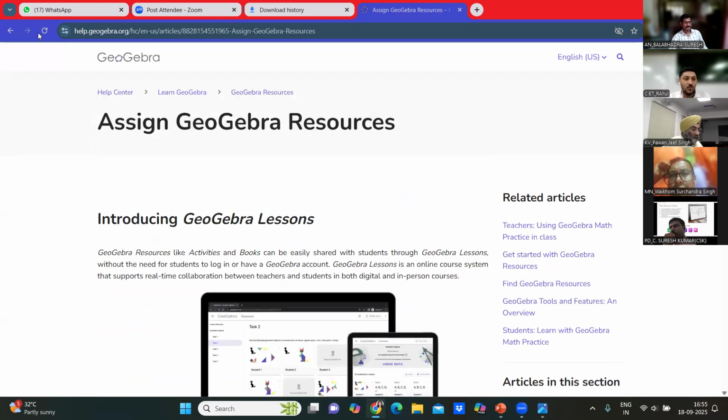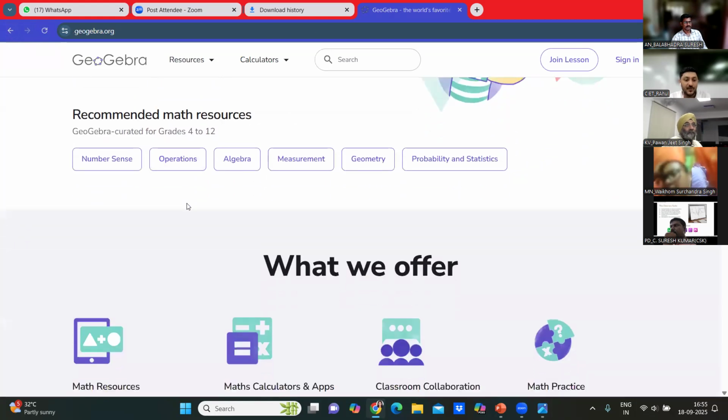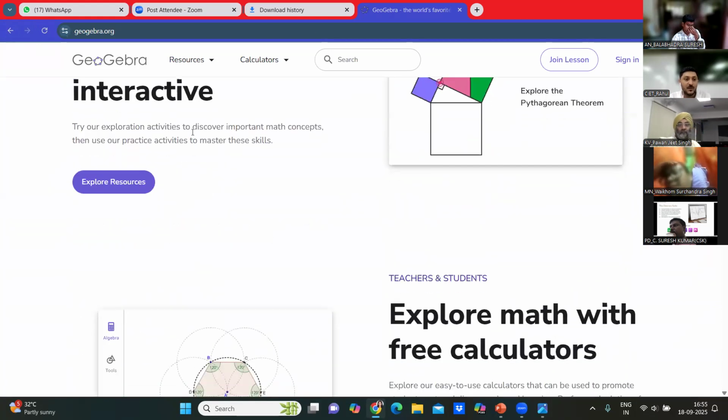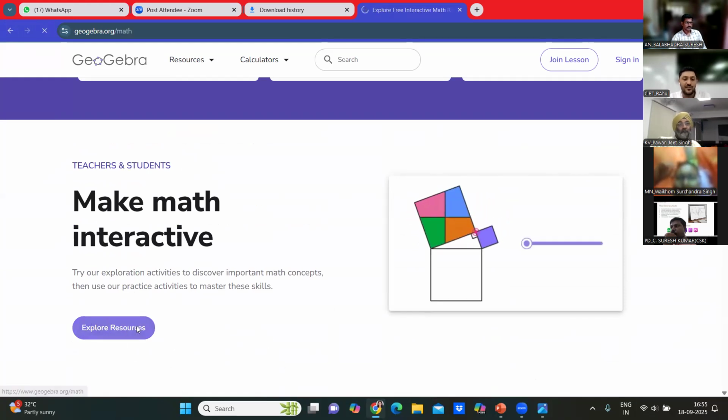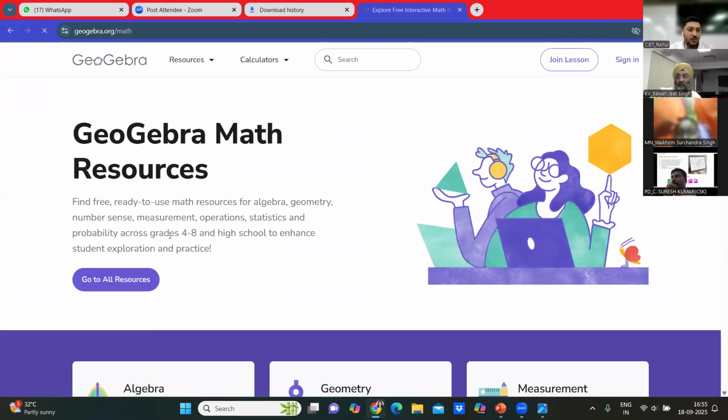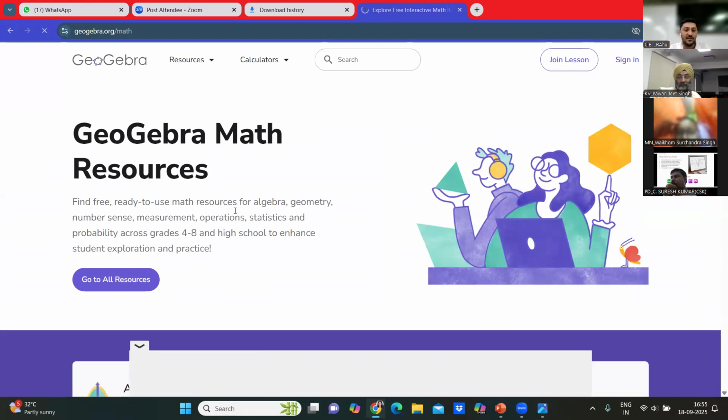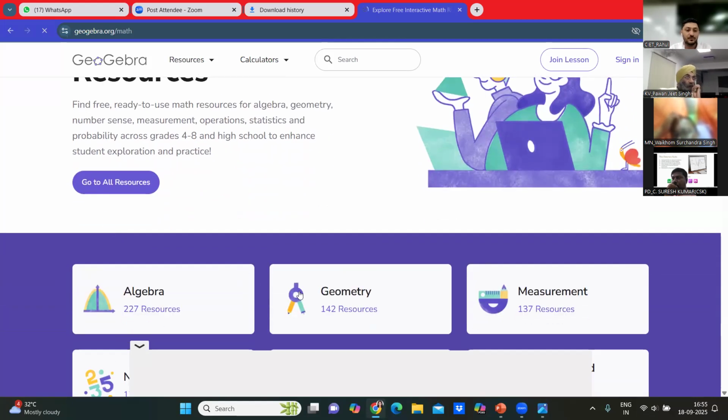Now we can go to the home page and explore the resources. Here we find free, ready-to-use math resources for algebra, geometry, number sense, measurement, operations, statistics, and probability across grades 4 to 8 and high school to enhance student exploration and practice.